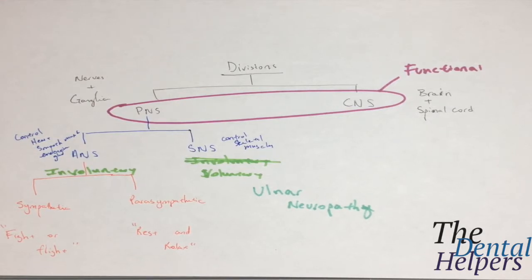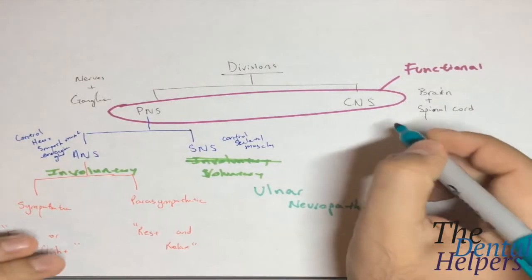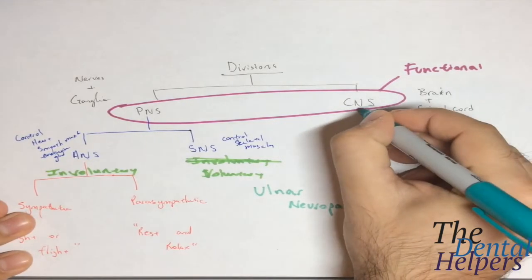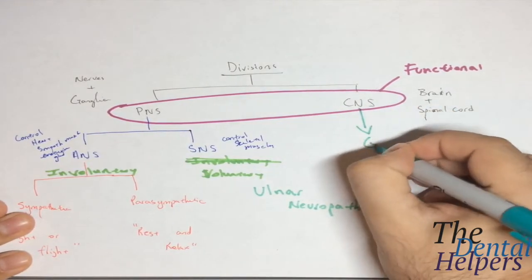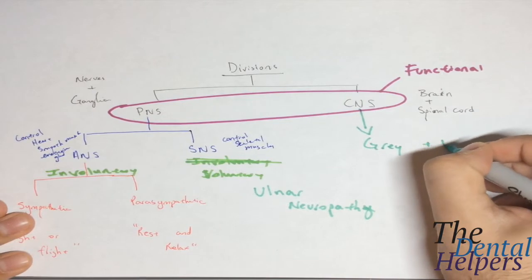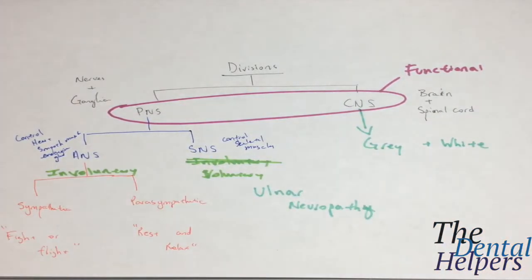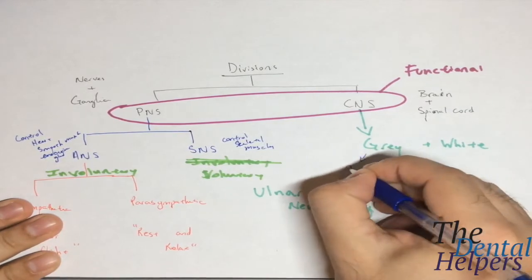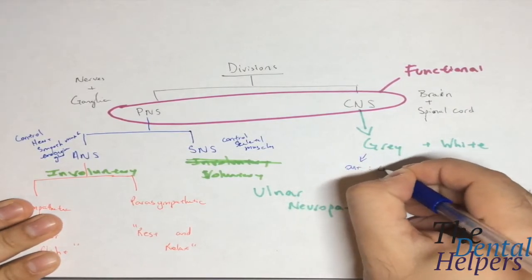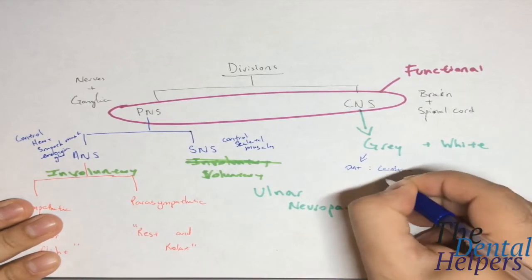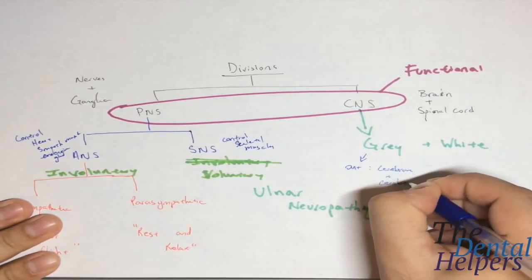So let's go into a little bit more on your CNS versus your PNS. So your CNS is going to have gray and white matter. And so your gray matter is going to be on the outer portions, on the outside for the cerebrum and the cerebellum.